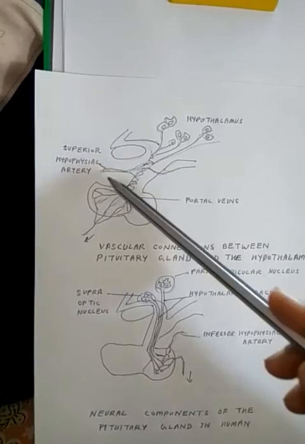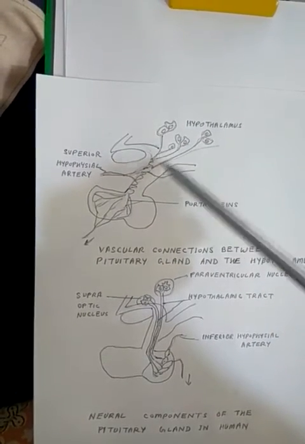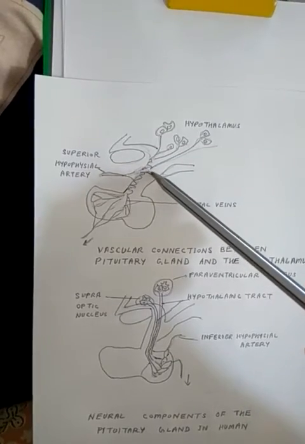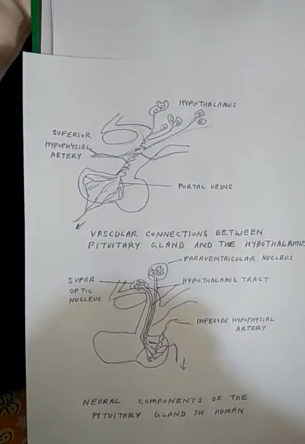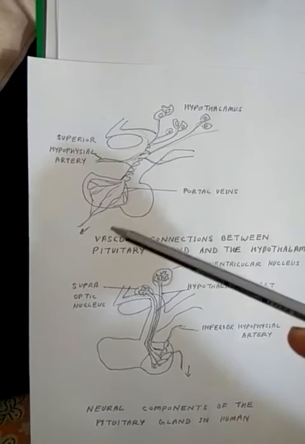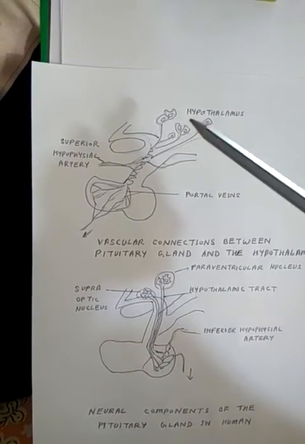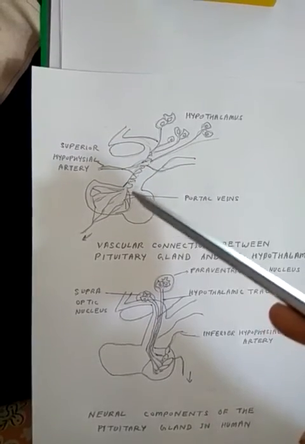You can see this, and this goes towards the hypothalamus and the pituitary stalk also. And as you can see, there are connections between the hypothalamus and the pituitary.